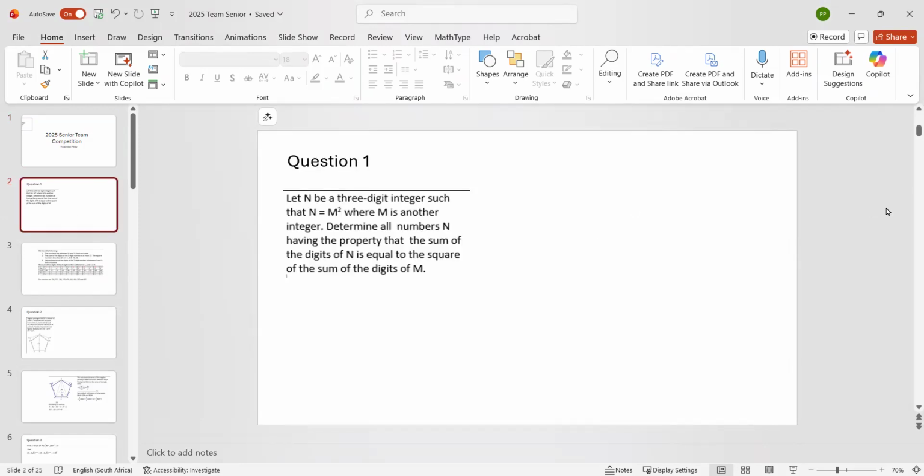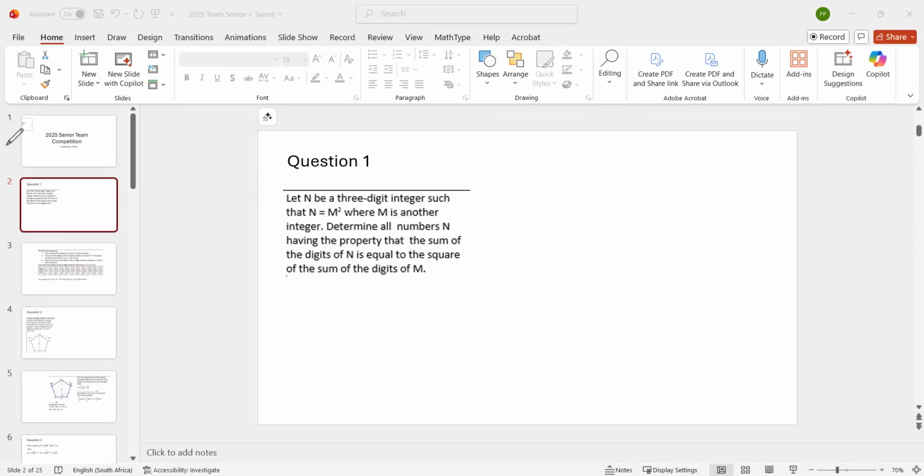Okay, the very first question is: let n be a 3-digit number such that n is equal to m squared. So n is a number which is a square number, a square of another number.